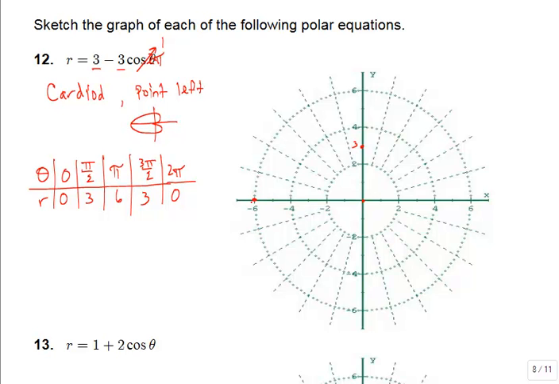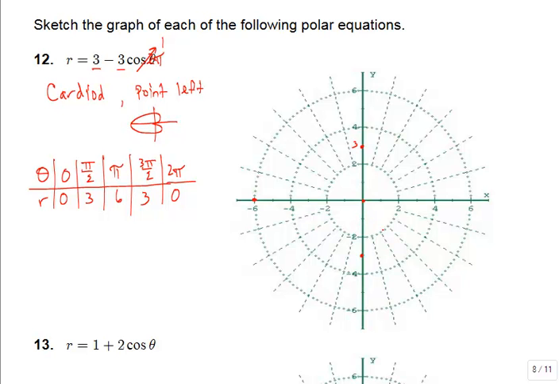So we would be here. 3 pi over 2 is down here, and we want to go out along it a distance of 3, so to here. And then at 2 pi, which would be back to the positive x-axis, we're going out a distance of 0, so we're back to the origin.